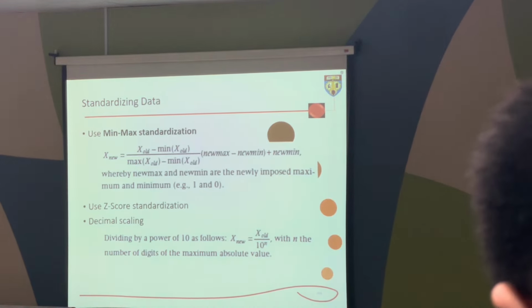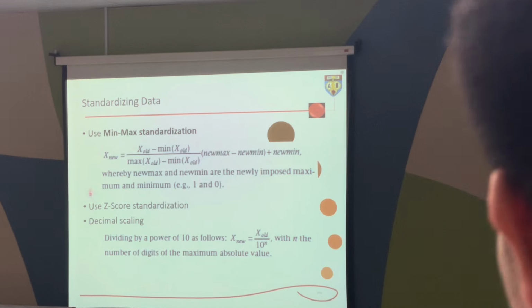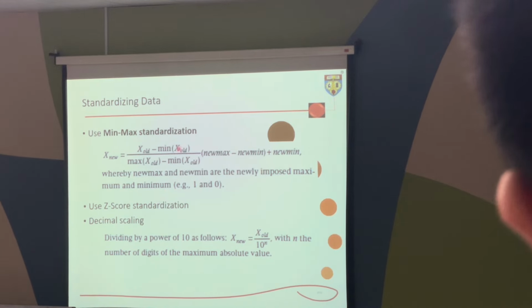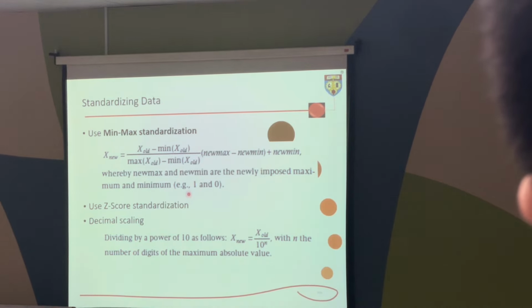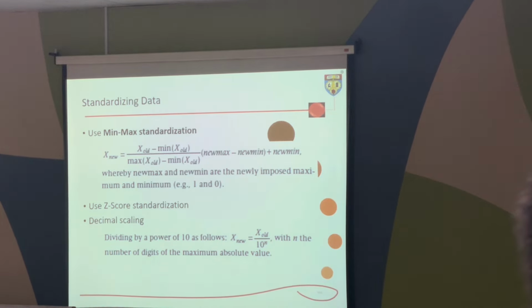Okay, so there are 3 techniques that you can use. The first one is min-max standardization. This is the formula. Normally, for standardizing your data set using min-max, the range is between 0 to 1.